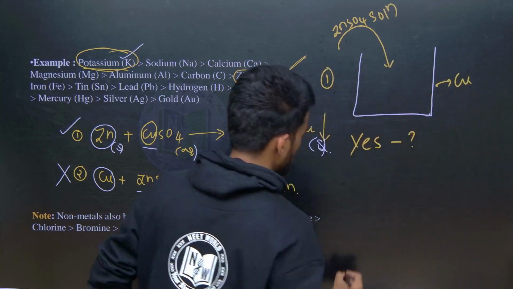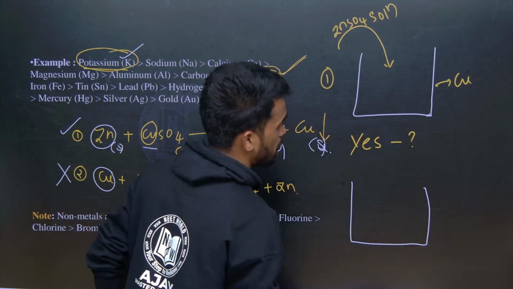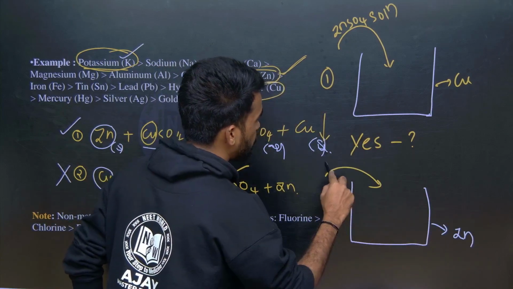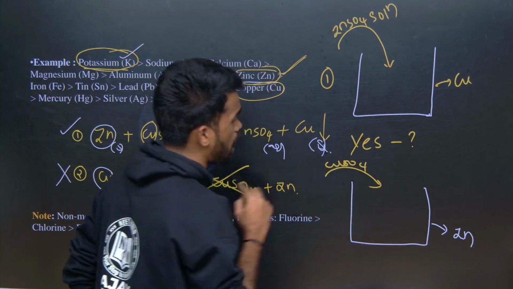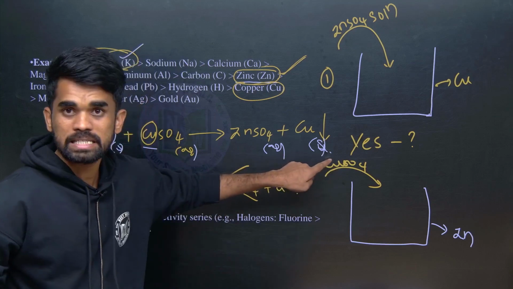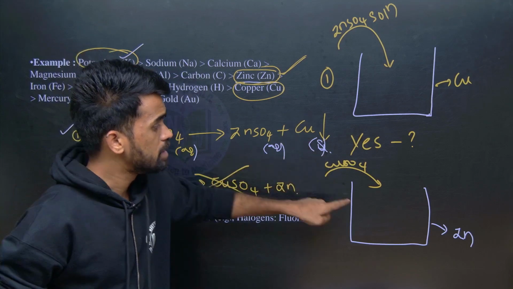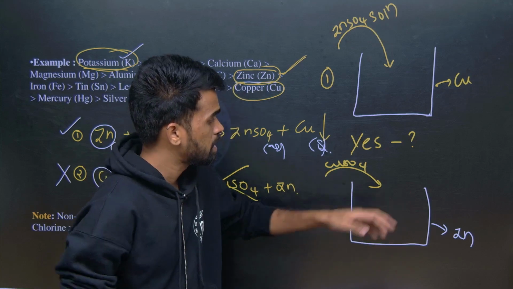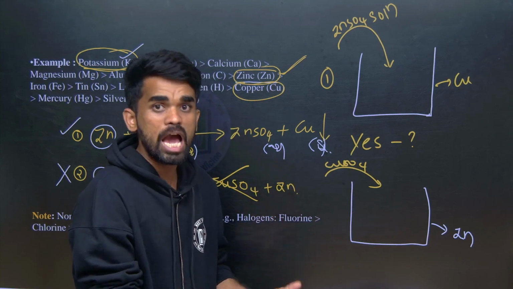See here, I have a vessel which is made up of zinc. Now if I place copper sulfate solution into this, what happens? The copper metal ions will be displaced by zinc. It means the zinc vessel will get damaged. Why?